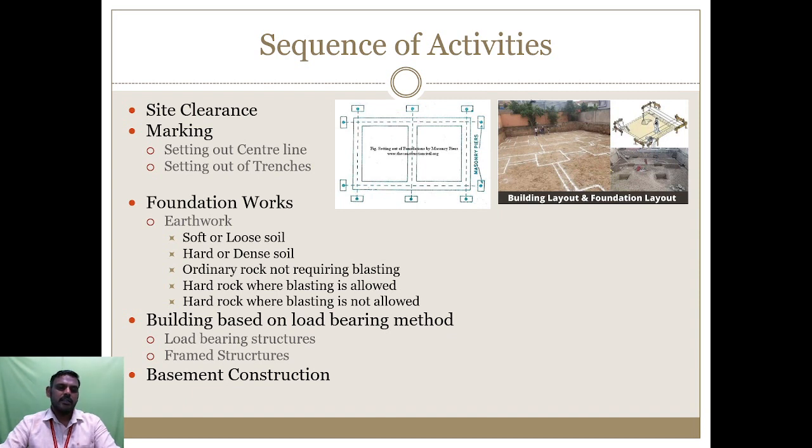Okay. In the marking, next point, marking is in two different ways. First one is center line marking. Center line marking is in a trench type, which is constructed for the load bearing structures. In that drawing it is also possible to see a point which is mentioned in the outline.